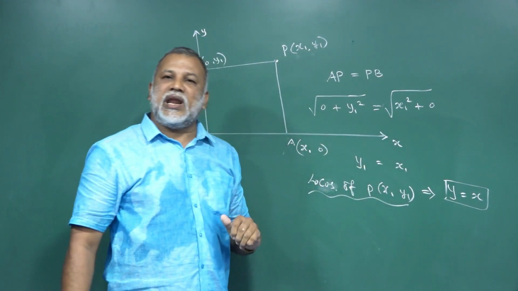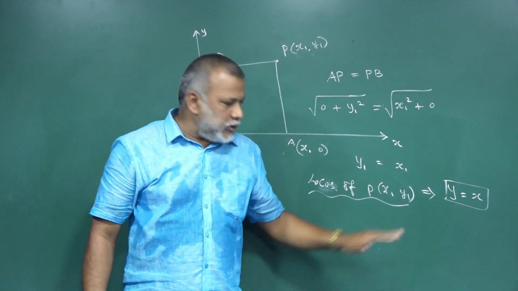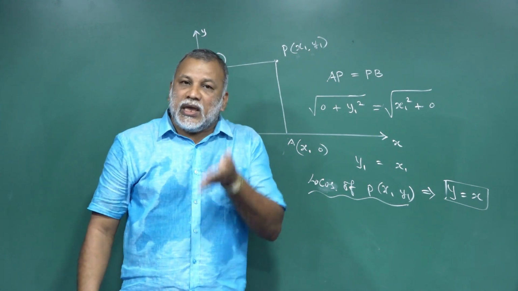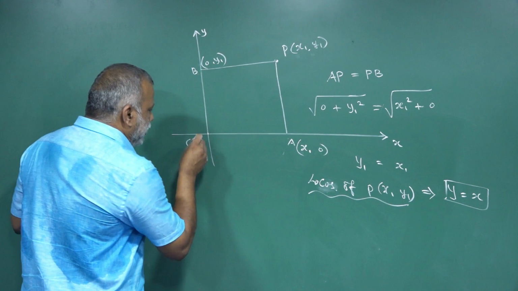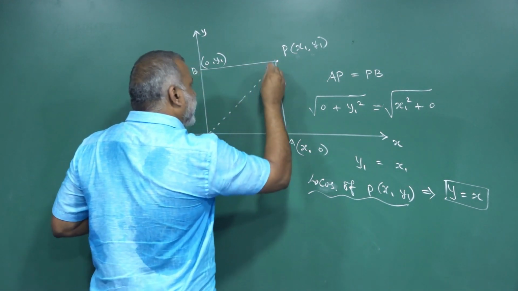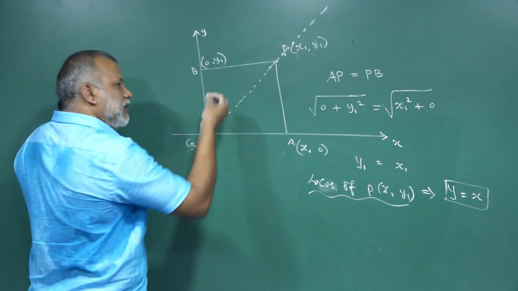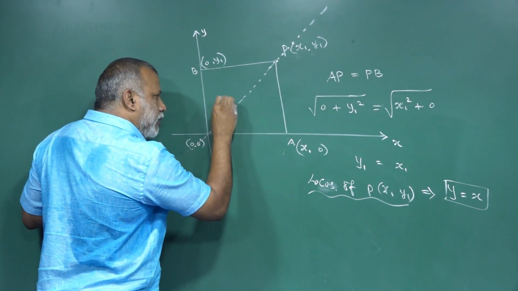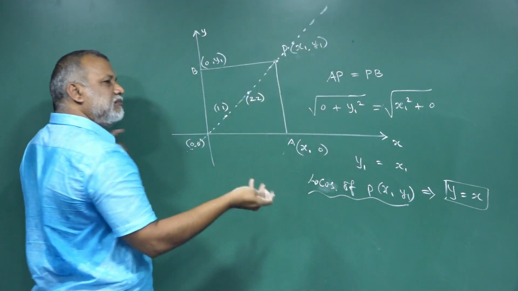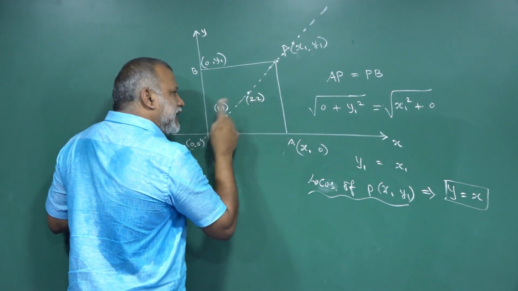What is the meaning of the line y equal to x? From your 10th syllabus, 9th standard itself, you already used y equal to x. It is nothing but y equal to mx. It is passing through the origin. It always passes through (1, 1), (2, 2), (3, 3), and it goes on.